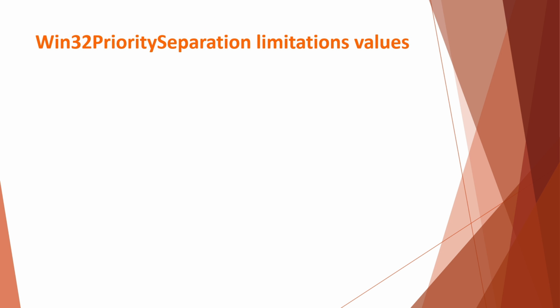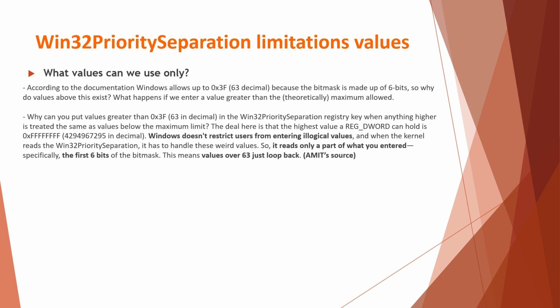Now, Windows 32 priority separation limitation values. What values can we use only? Here is Amit to help us. According to the documentation, Windows allows up to 63 decimal, and because the bitmask is made up of 6 bits, why does a value above this exist?